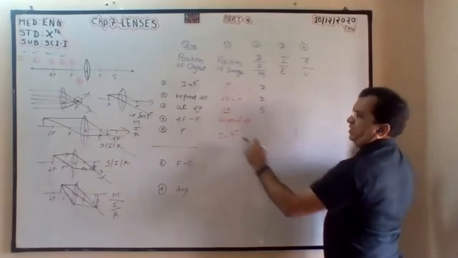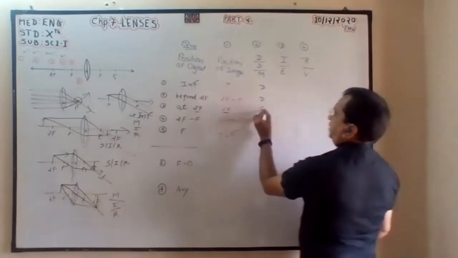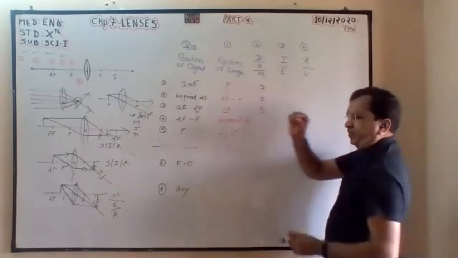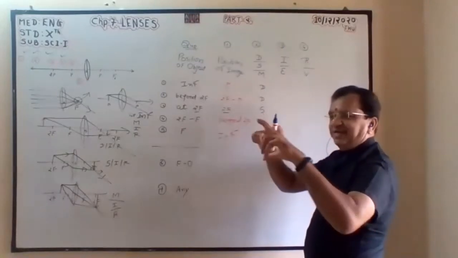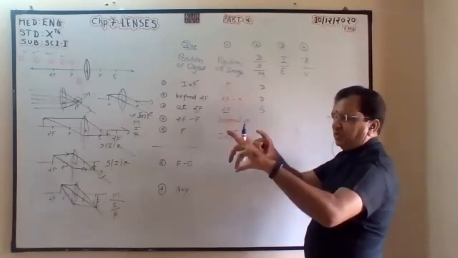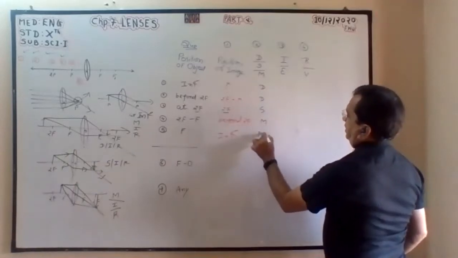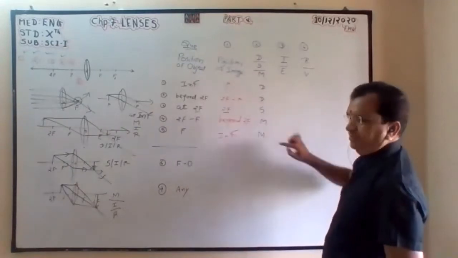Out of 5, write 5 in sequence, and write the image in reverse sequence. 2F to 2F, same. First it is a point image, then it increases but is less than the object, then it becomes equal. As it comes closer, it becomes bigger again. So: highly diminished, diminished, same, magnifying, highly magnifying.